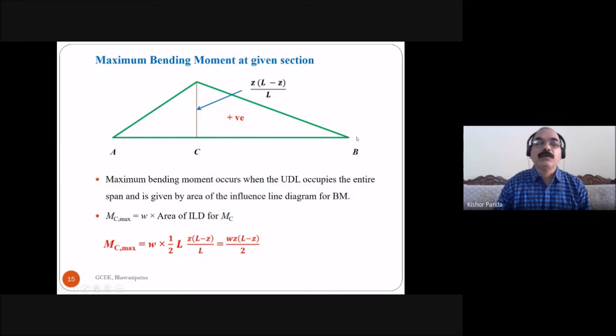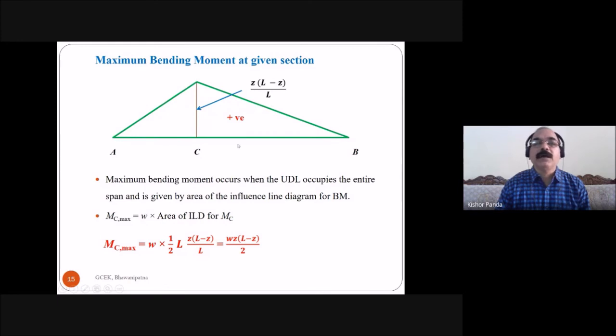In that case you will get the maximum bending moment at the section C. When the UDL covers the length AB, you will get the maximum bending moment. The maximum bending moment occurs when the UDL occupies the entire span and is given by the area of the influence line diagram for bending moment.